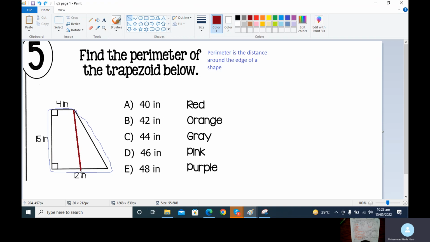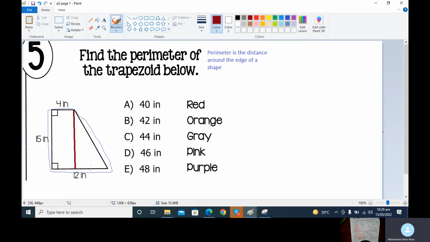So we need to find the missing length first of all. You can just draw a line here. You can see this is becoming a triangle, isn't it? And this length is 4 inch here. And this complete is 12 inch, isn't it? So this is 4 and this is 12.